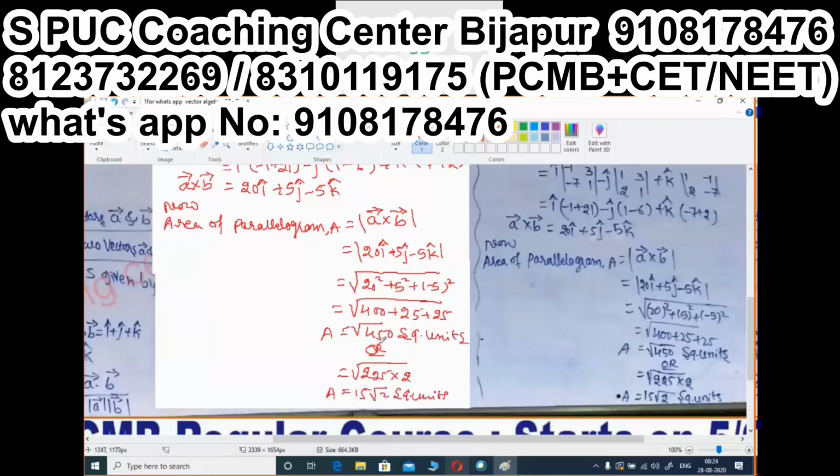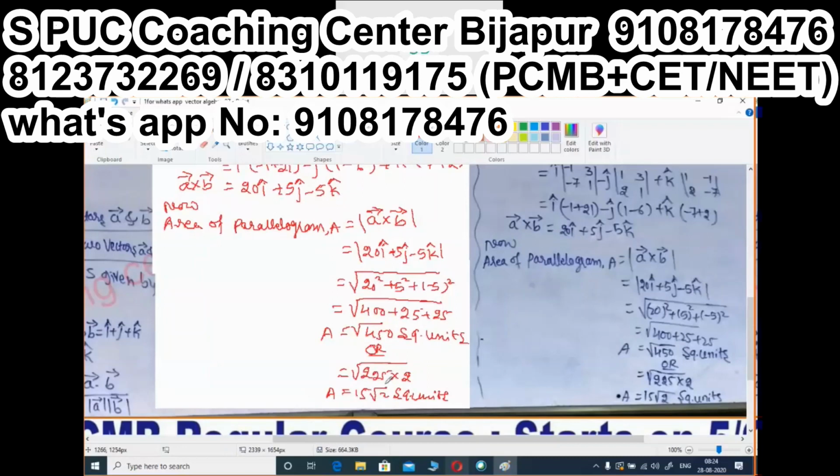So either you can stop here or else you can simplify this, no problem. Both are the same, it has just been simplified. Is it clear, Paramananda? Perfect? Yes. Sanket, is it clear?